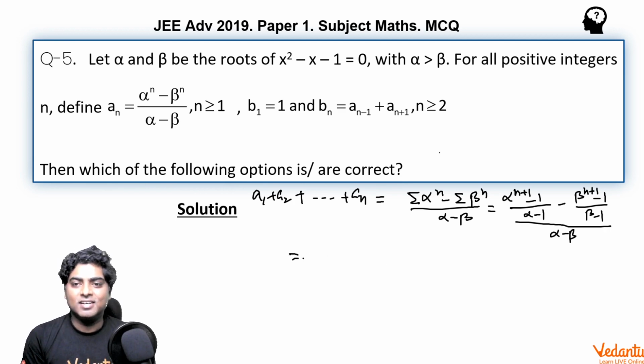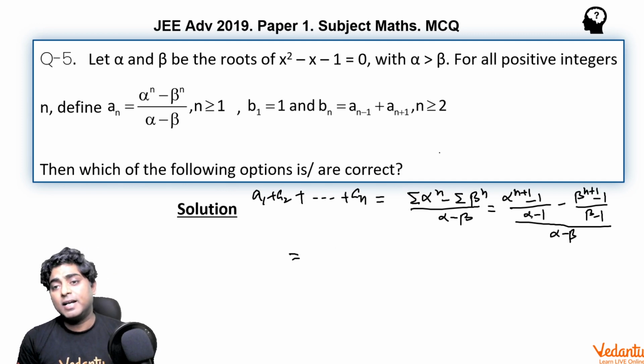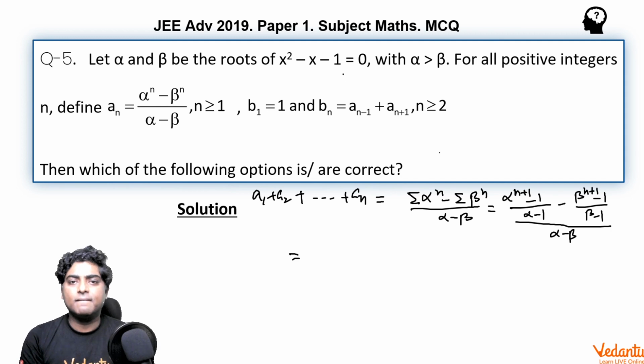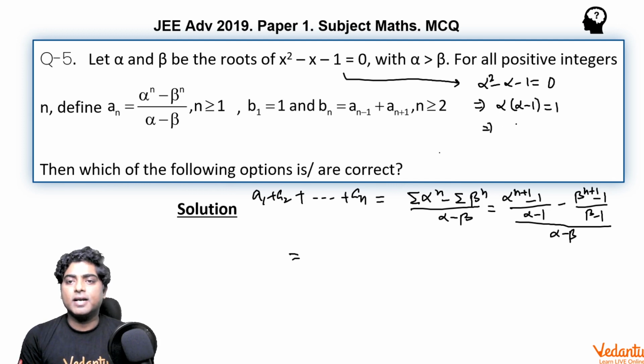Right? Now in order to tackle alpha minus 1 and beta minus 1, I'll go back to the quadratic. As alpha is a root, I can write alpha square minus alpha minus 1 is 0. So then I can write alpha into alpha minus 1 is equal to 1. So I can write 1 upon alpha minus 1 as alpha.